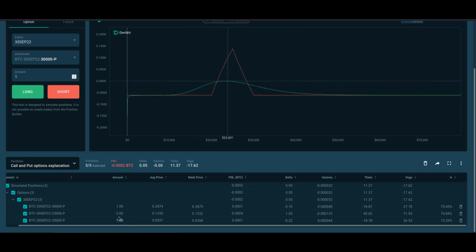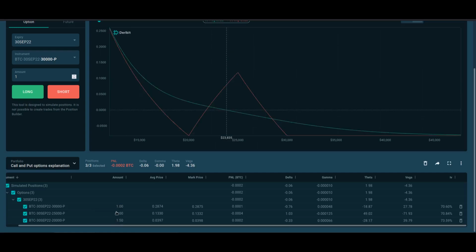So how does it look? Also we can play with the amount on our wing side, and this way we can, for example, buy this.